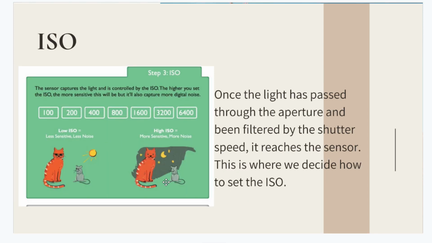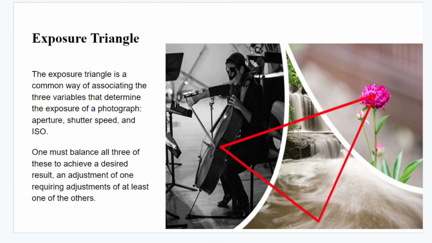Then another important factor is ISO. It means sensitivity of our sensor. When we are in a dark condition, we could increase the sensitivity so that we could capture low light. In the low light condition, we could capture the image, but it also has some negative impact. For example, when we increase the ISO, we will find graininess in the image or in your picture.